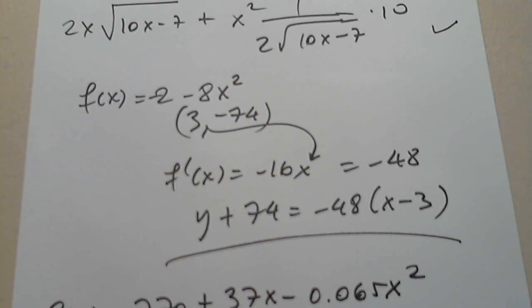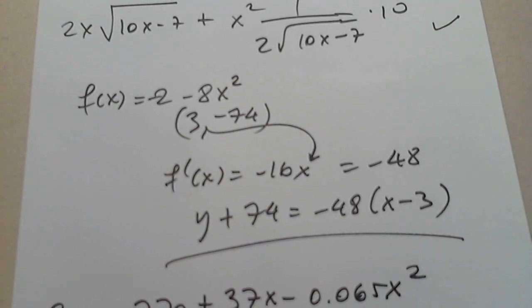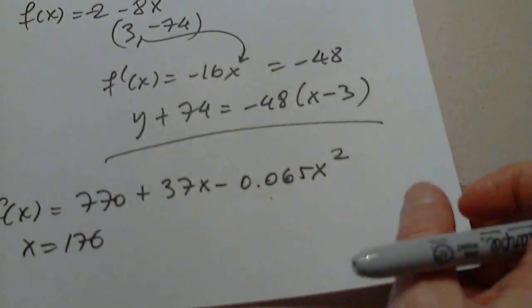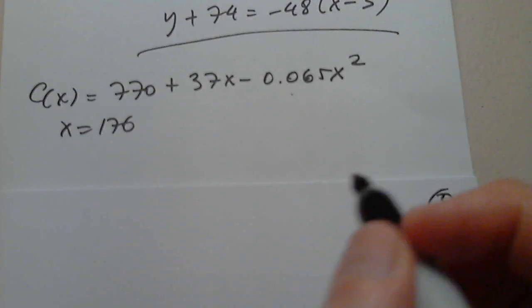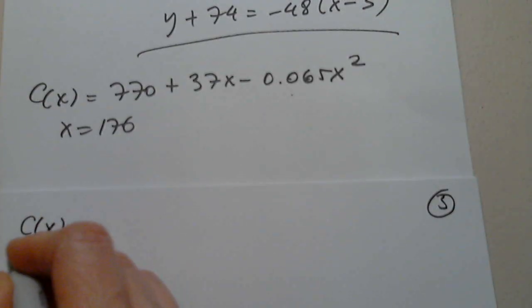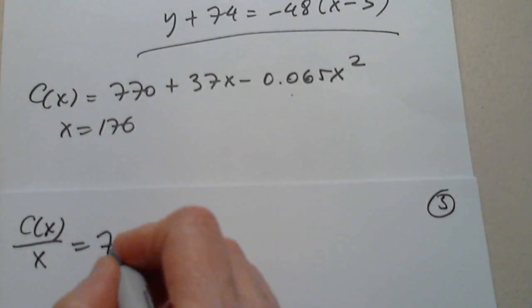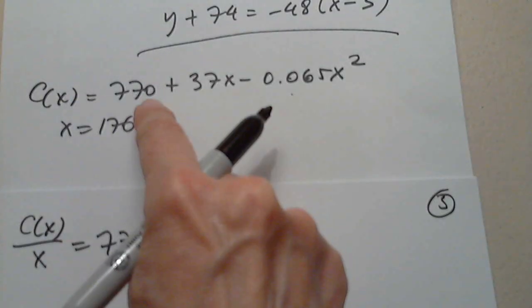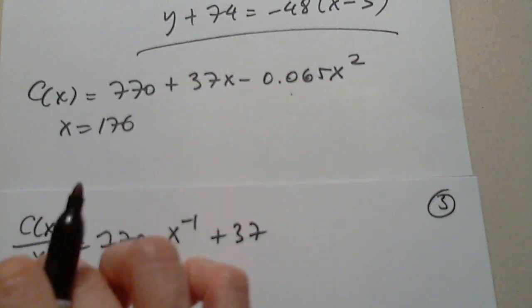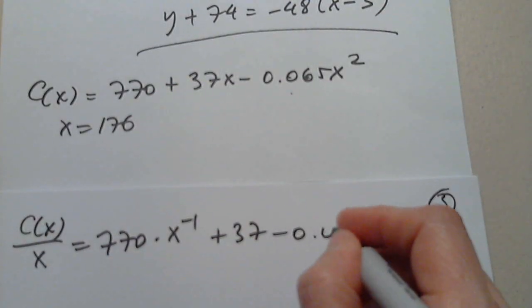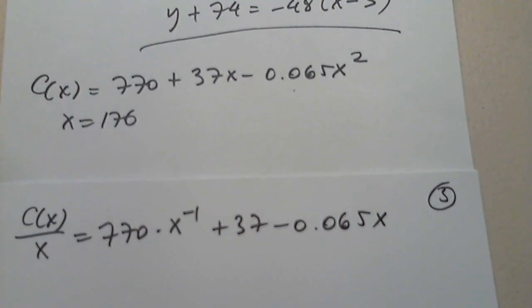So if you go back to the videos and the work from Monday, you're going to see way more complicated examples than this one and last time. Okay, so we have c of x divided by x is 770 times x to negative 1, 37 divided by x is simply 37x divided by x, and minus 0.065x. That's it.